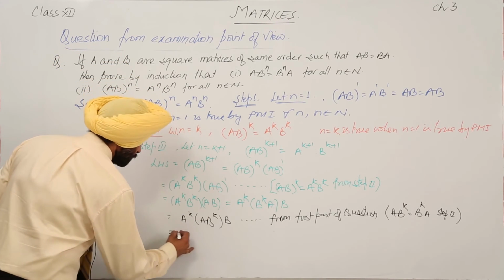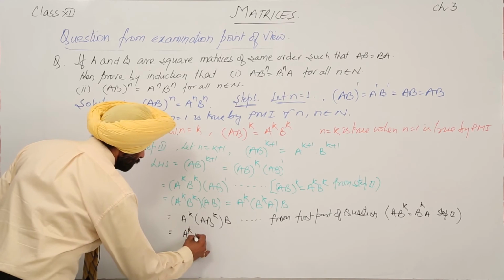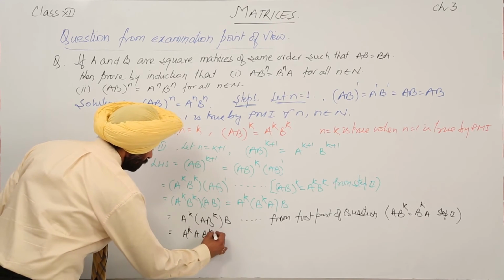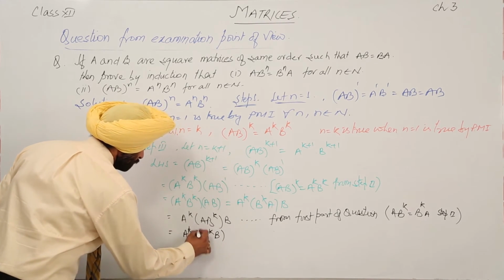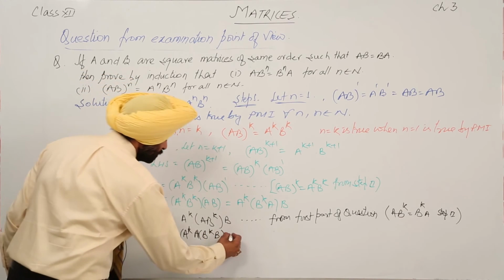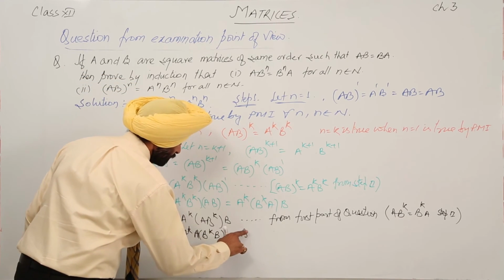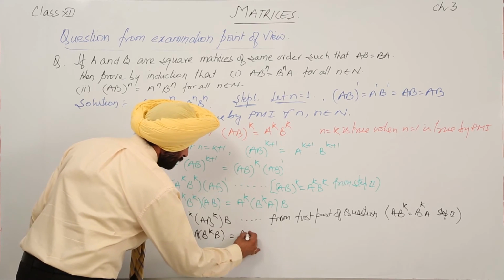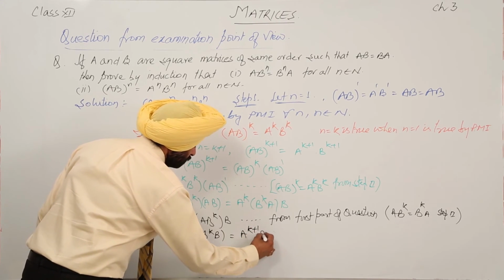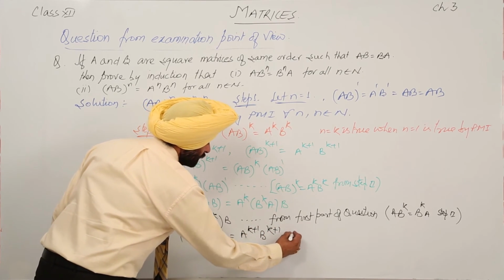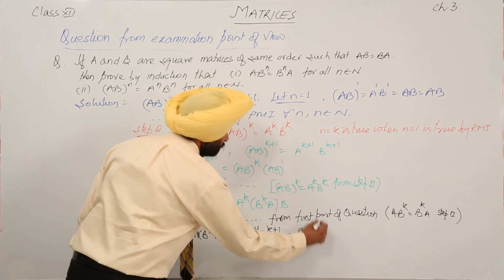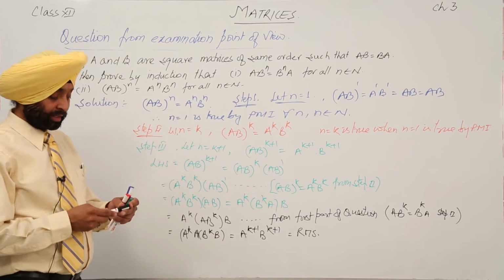Now this becomes A^k A, B^k B, and this becomes, sorry, A^(k+1) B^(k+1), which is equal to the right hand side.